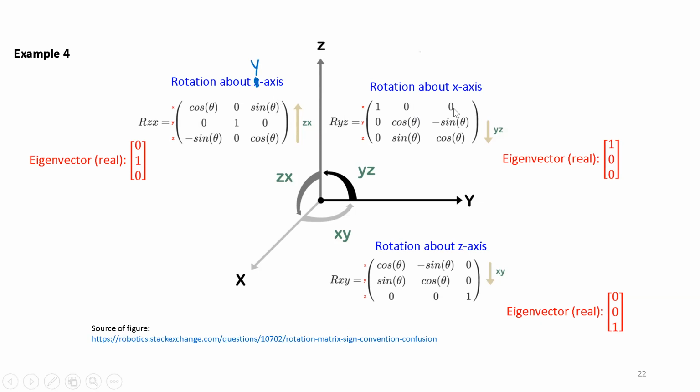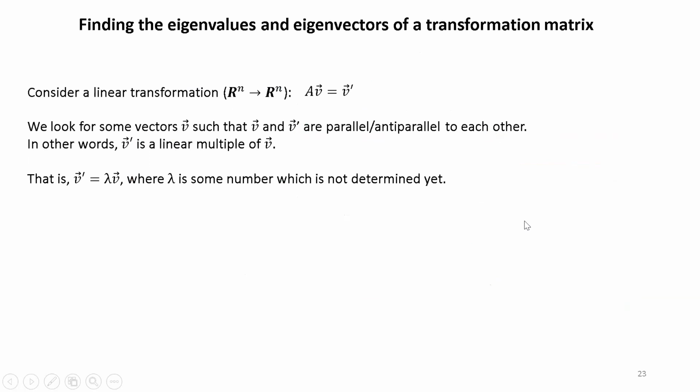If you have rotation about the x-axis, then x hat itself will be an eigenvector. If you have a rotation about the y-axis, then y hat itself is an eigenvector. Rotation about the z-axis, then z hat itself will be an eigenvector.